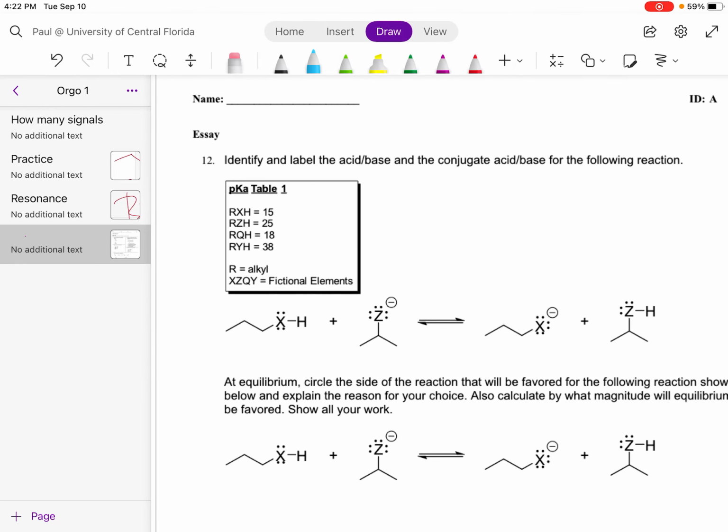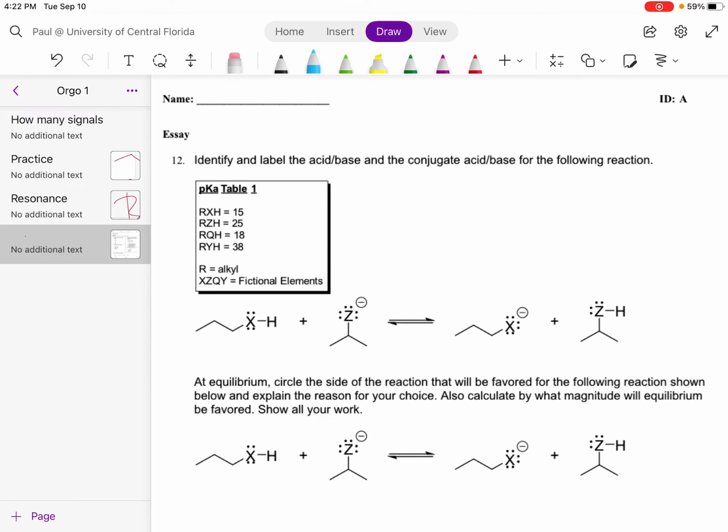Okay. So identify and label the acid and the base. So now we're going to do this with just fictional elements here. So what's happening? We are going from here to there.